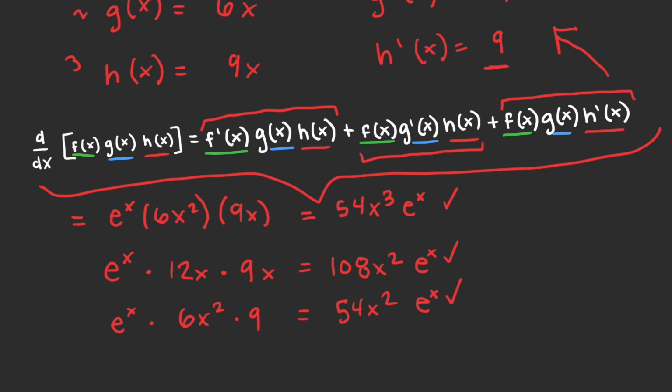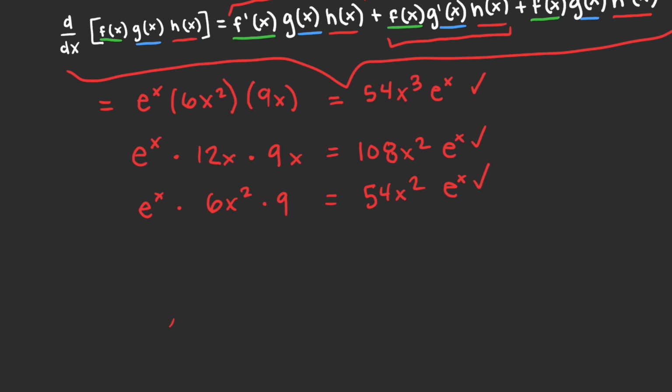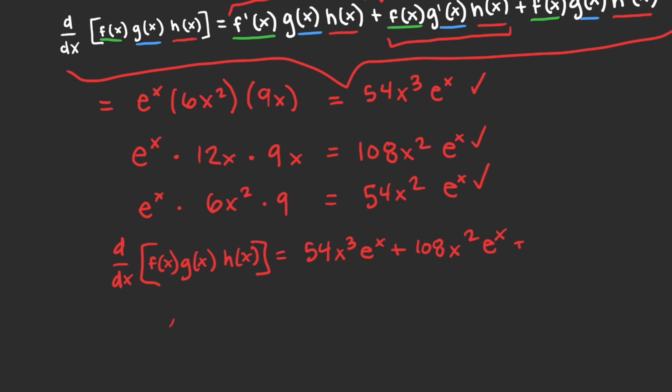Okay, so if we put that all together, our final answer would be d dx of f of x g of x h of x equals 54x cubed e to the x plus, remember, it's a plus sign and a plus sign, 108x squared e to the x plus 54x squared times e to the x.